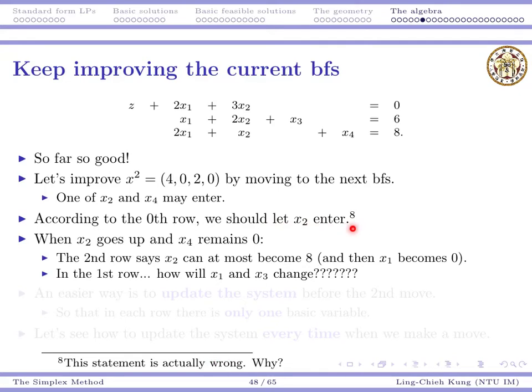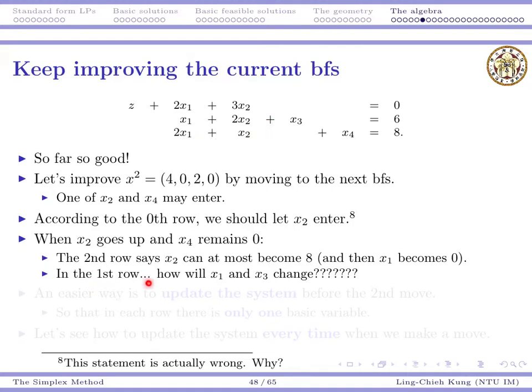Then another difficulty will appear. When I enter x2, the second row here says that x2 can be at most 8, because when x2 increases, x1 will decrease. So that's something we know.